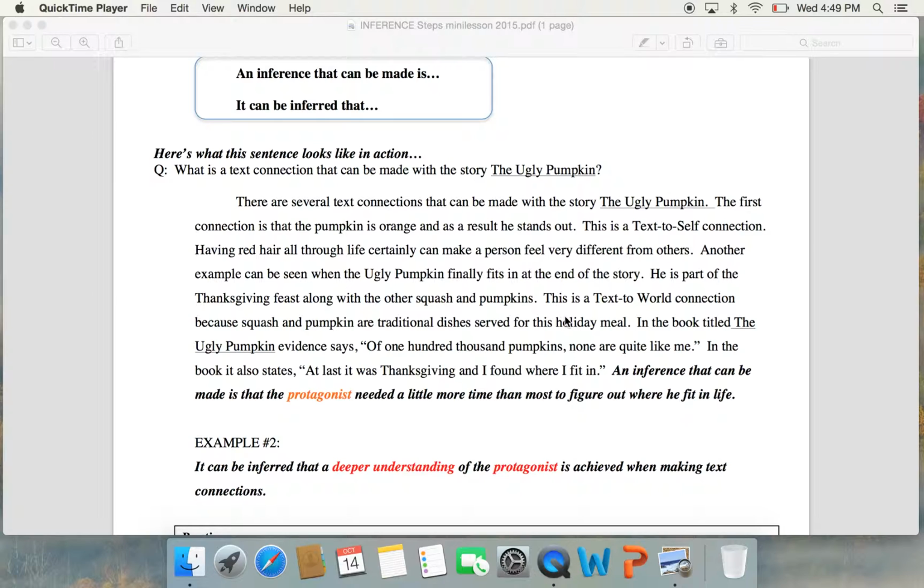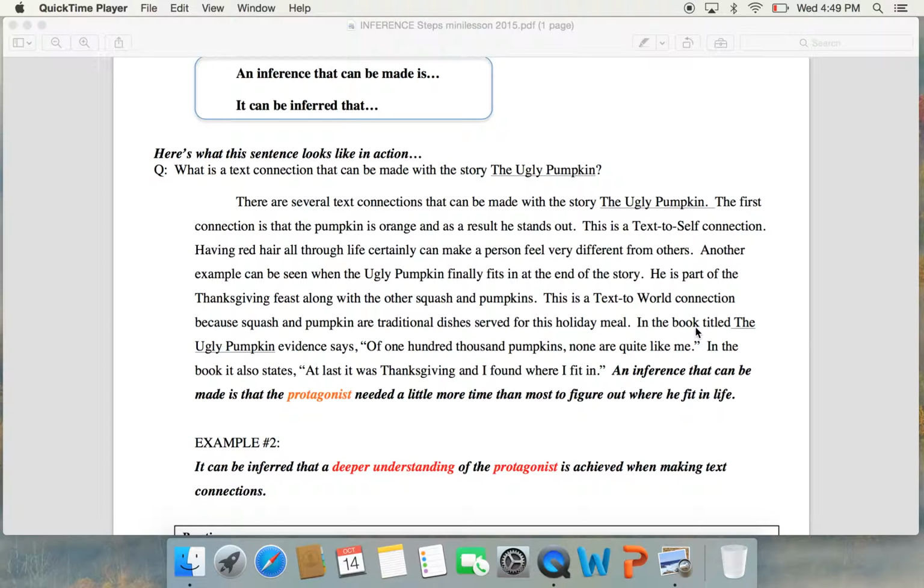Okay, quick review. I have my topic sentence. I restated the question here. I gave my first argument. It was a text-to-self connection. I spoke about how I made that connection here. Then I gave my second argument to my answer here with a text-to-world connection, and I spoke about that a little bit.